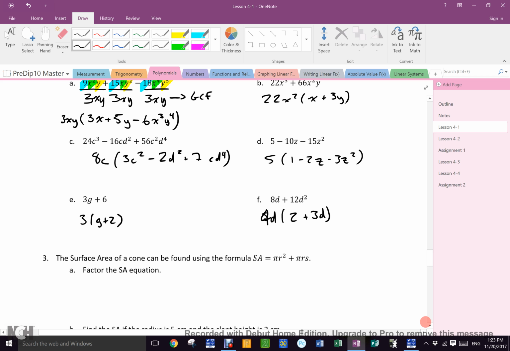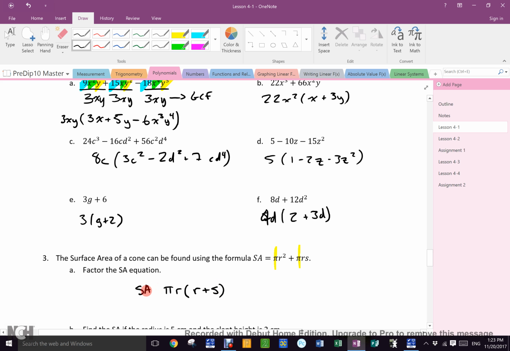What makes 3 difficult? There are no numbers, but there are numbers because pi is just a number, isn't it? Yeah. It's technically a coefficient there. So what is common to both? Pi r. So we bring out pi r and we leave in r plus s.